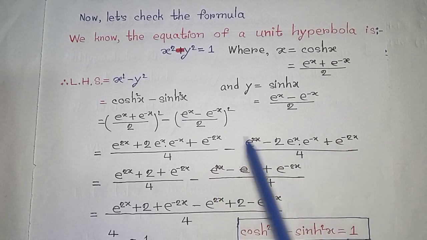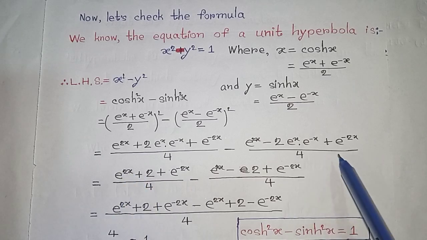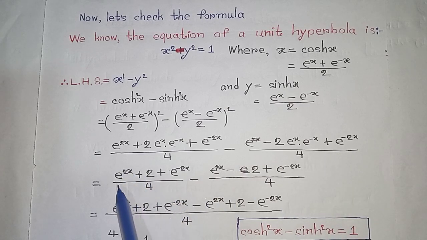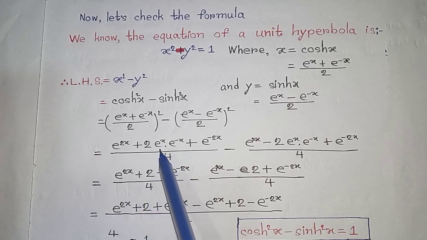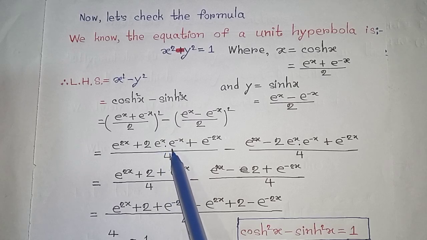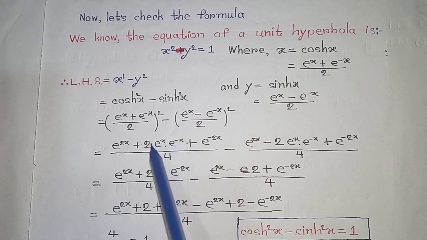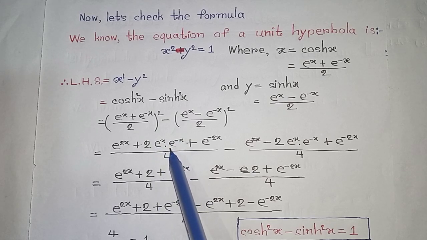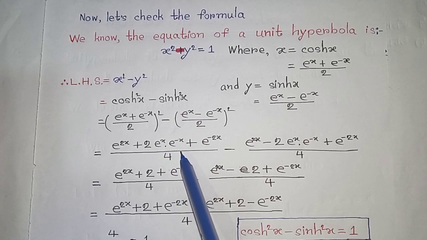So from all these lines we get e to the power 2x plus 2 plus e to the power minus 2x by 4, because e to the power x into e to the power minus x becomes 1. We know e to the power x into e to the power minus x is equal to 1 always.